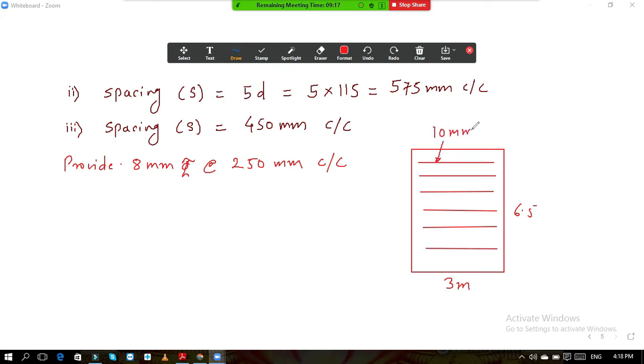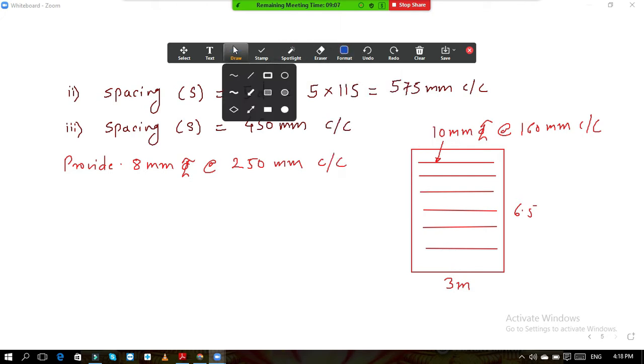These are 10 mm diameter bars at 160 mm center to center, parallel to the shorter side. Then we have provided distribution steel parallel to the longer side.